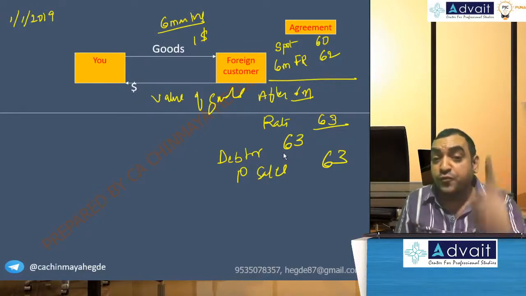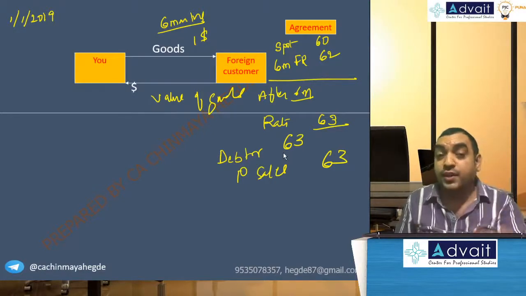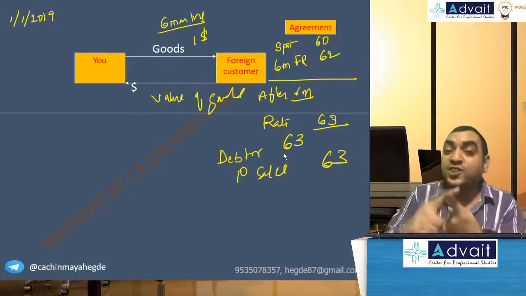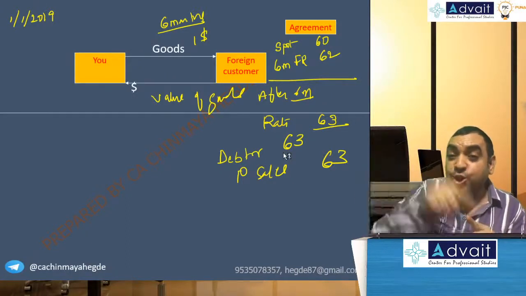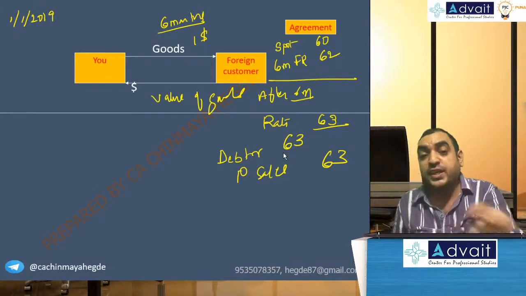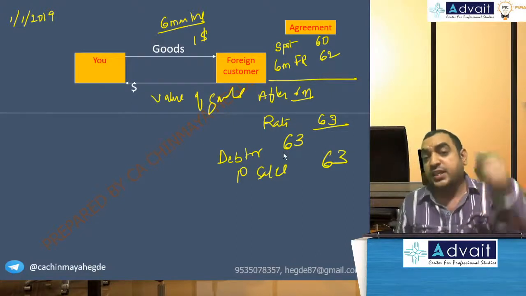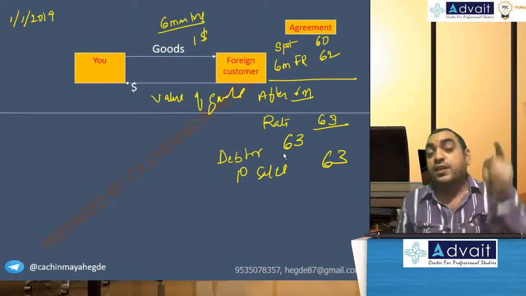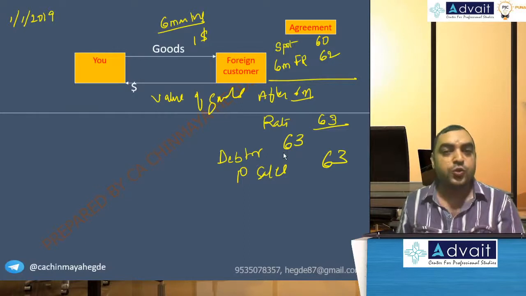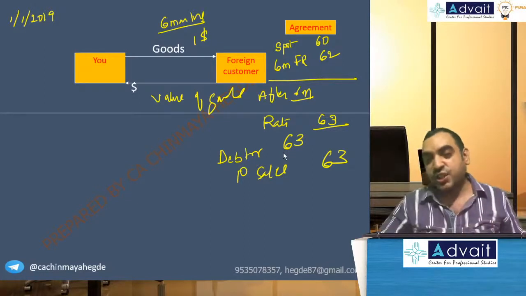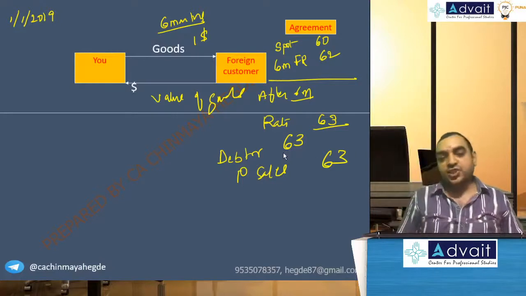The value of the contract is $1, the value of the goods is $1, but its rate changed. So you were expecting to receive 62 rupees, now you receive 63 rupees. The reason for the increase is not because of an increase in the value of the goods, but because of changes in the exchange rate. Tell me how many of you understood this?